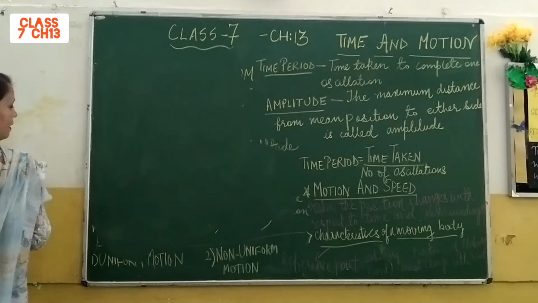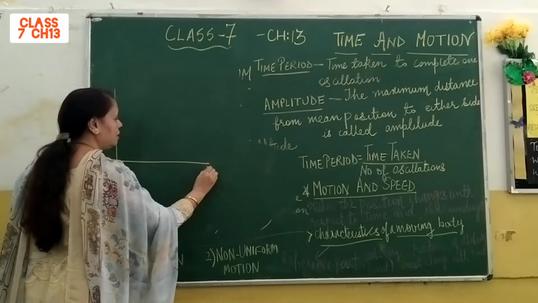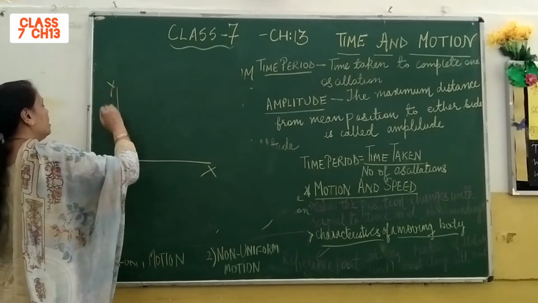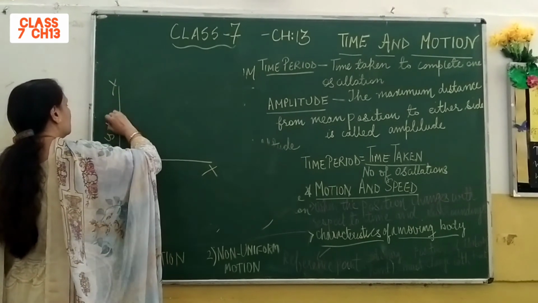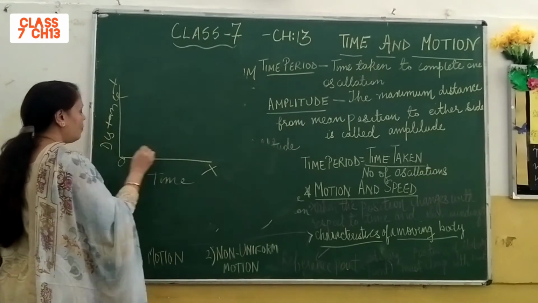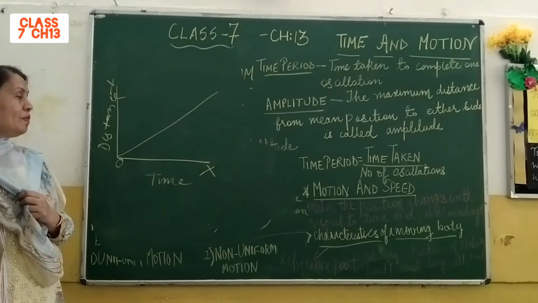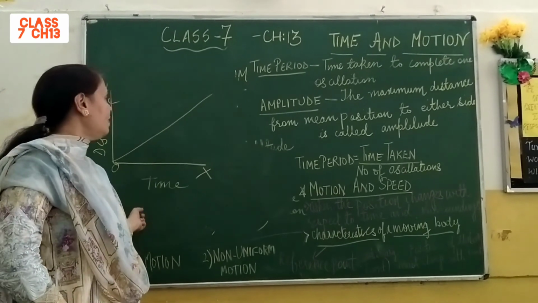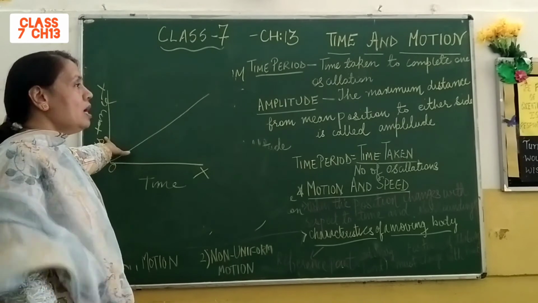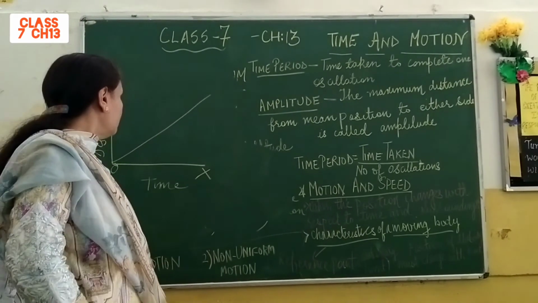For example, when we draw a graph between time taken and distance covered, in case of uniform motion we get a straight line. So when a graph plotted between the distance covered and the time taken shows a straight line, we say that the object is showing uniform motion.